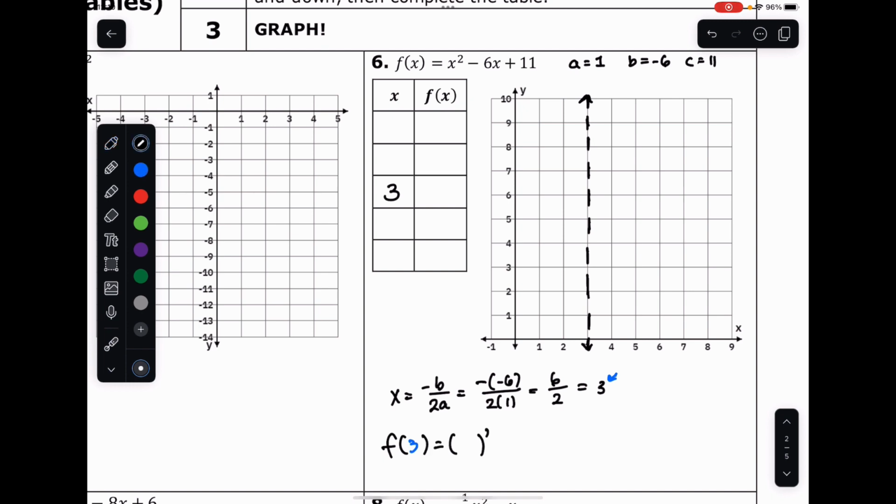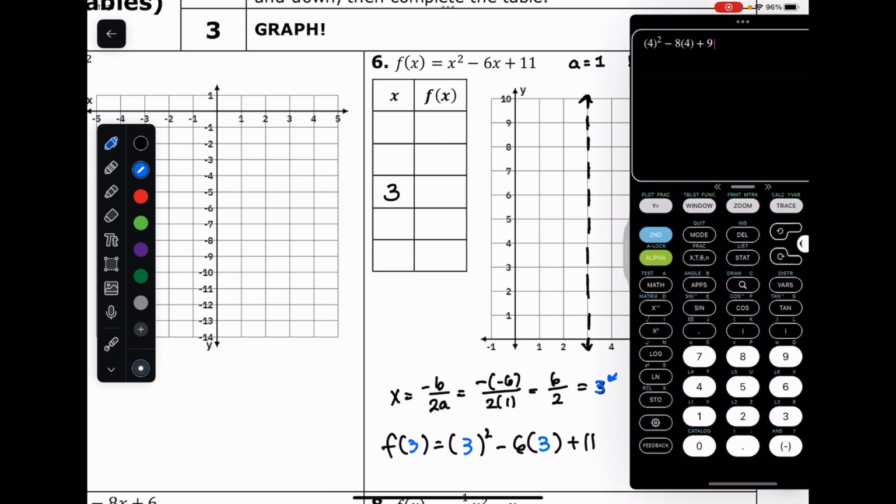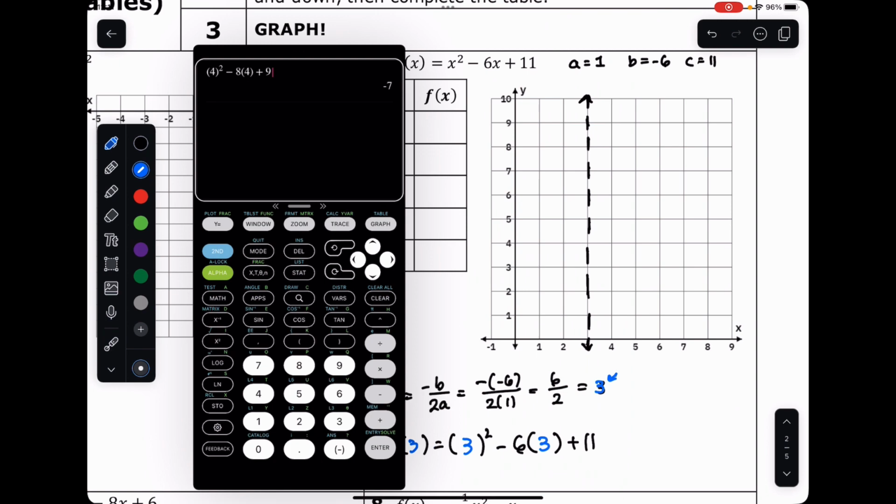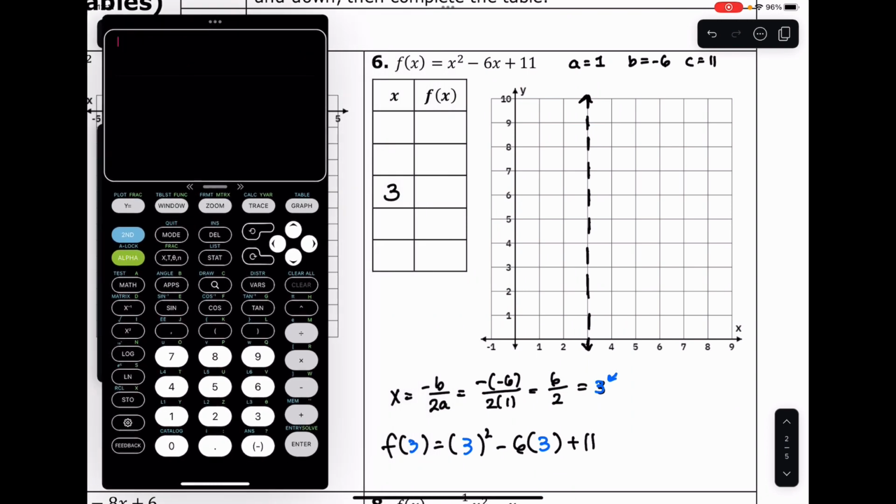We have x squared minus 6 times x plus 11, and we're replacing that x with this 3. Let me bring out the calculator here and move it to this side. 3 squared in parentheses minus 6 times that value of 3 plus 11 is a total of 2. So when x is equal to 3, we have our center point right there, our vertex at 2.